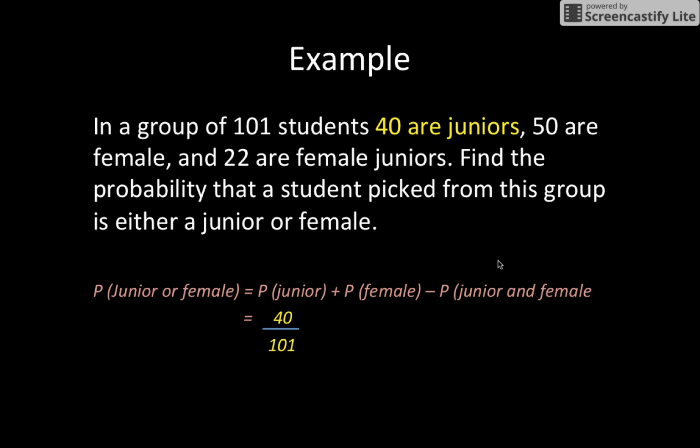So you're going to get 40 out of the 101 students. Then your probability of females is your 50 out of 101, because there are 50 females. Then you're going to minus your probability of juniors and females. So the problem states that there are 22 female juniors.